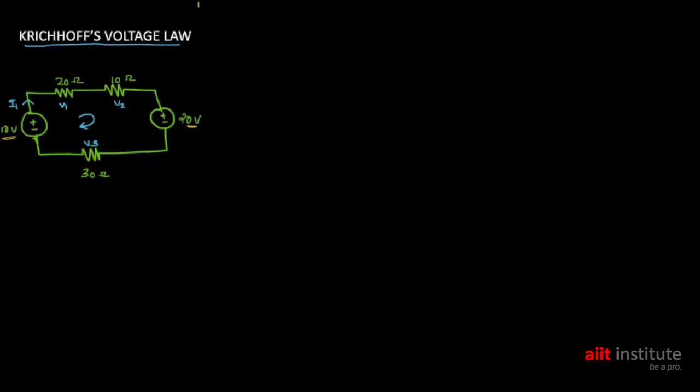So by applying KVL, we can write 10 volt, I am not marking the sign convention here, plus V1 becomes minus V1 because it is going positive to negative, plus minus V2 plus minus 20 volt plus minus V3 equal to 0.